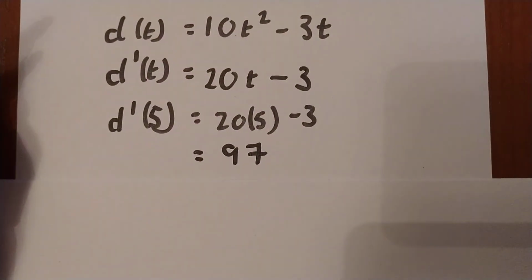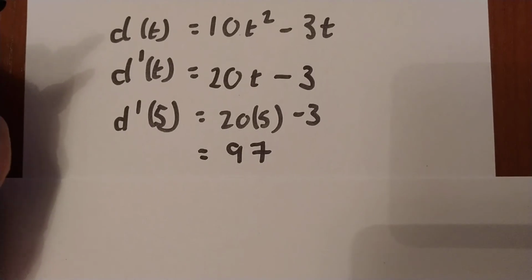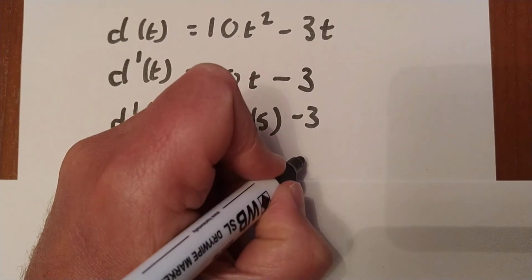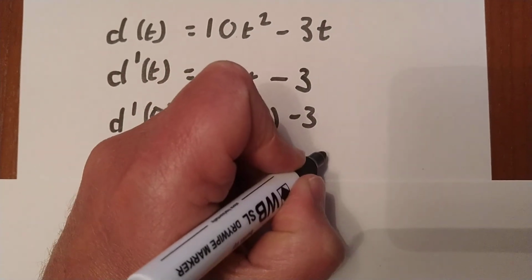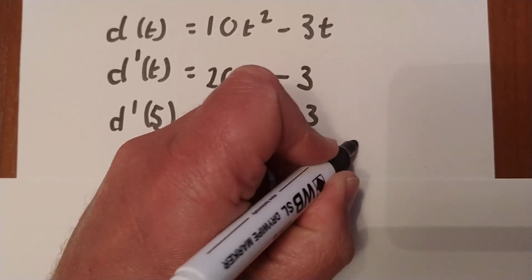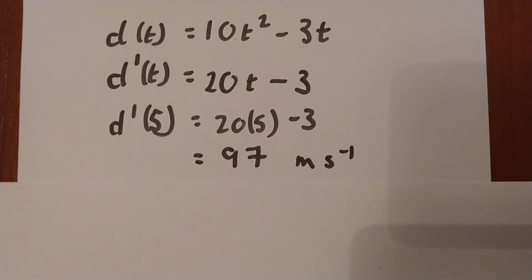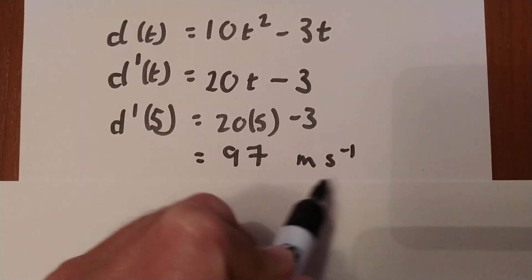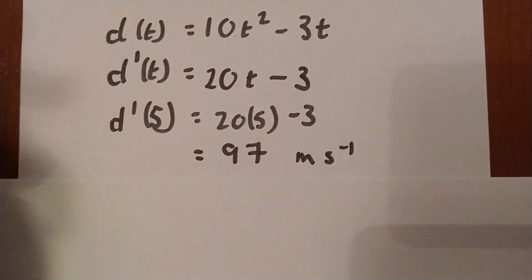And because I know what the question is talking about, I can actually, as well as the value, put in some units. We're talking about meters per second. Depending on your physics knowledge, you might write m/s or ms to the -1, meters per second either way.